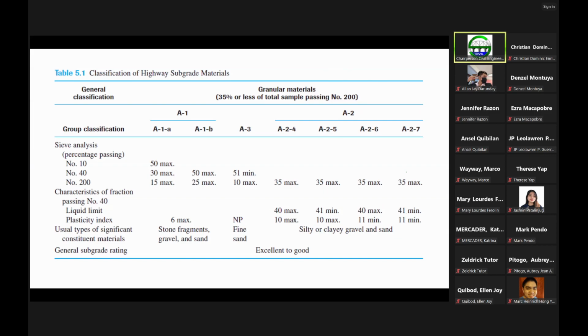If the PI is 5, then I think the A-2 will not be possible, because here the PI, oh yeah, this one is okay. So let's just start here. If we try to interpret this table, we always start from the left, by elimination process.